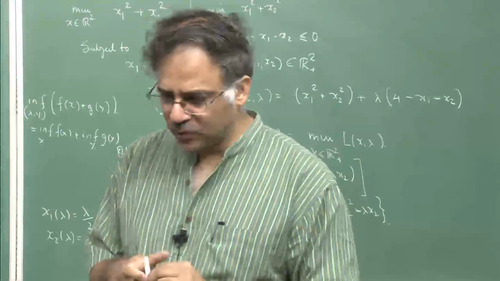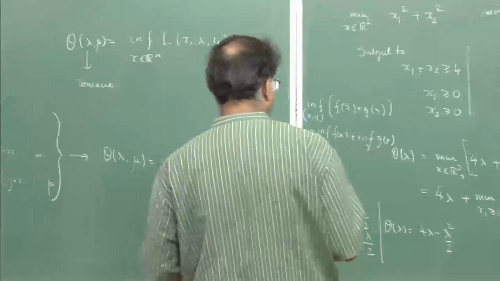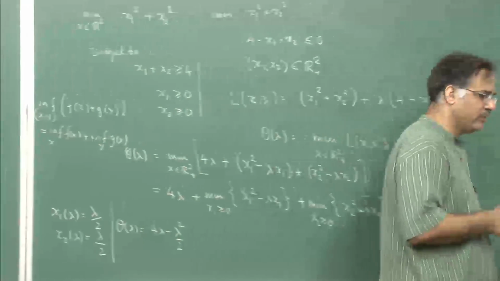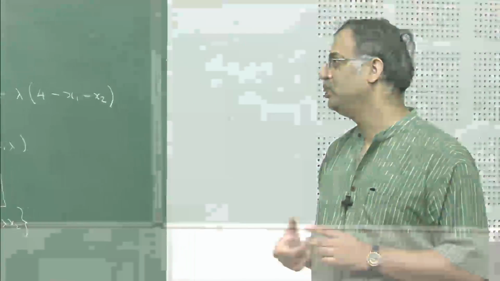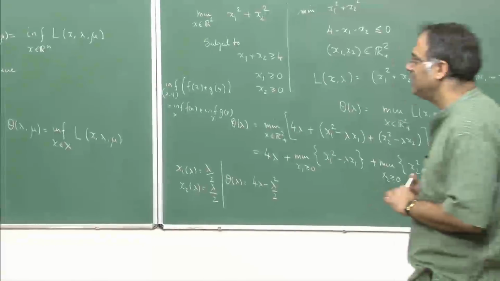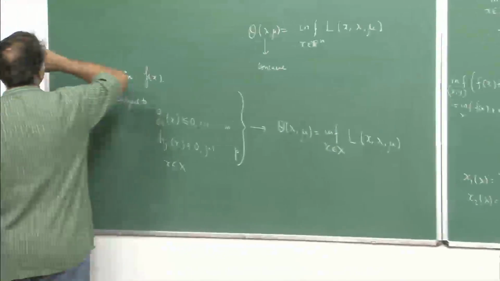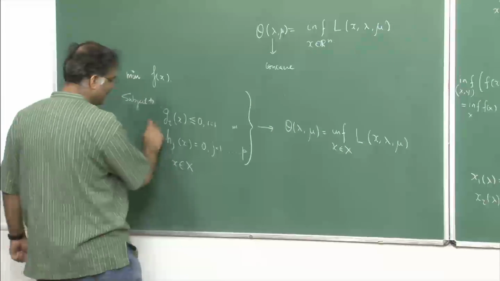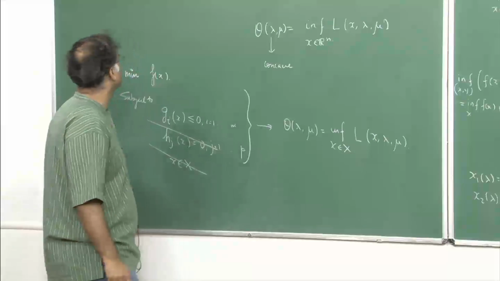Now, the question would be, if it is not differentiable, if it is concave, so its negative is convex, can you find the subdifferential? Can you compute the subdifferential? This is a very important thing that one has to know. Suppose I now take this problem, but I cancel the equality constraint and keep just the inequality constraint.